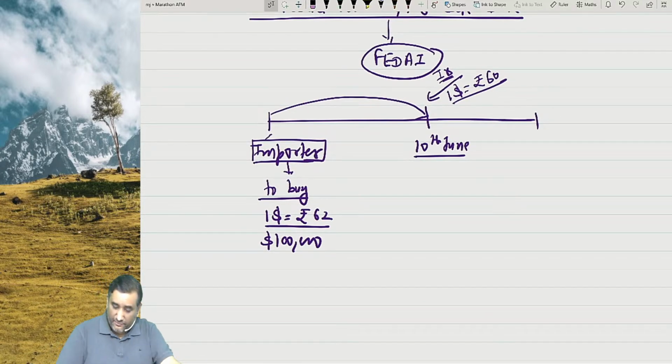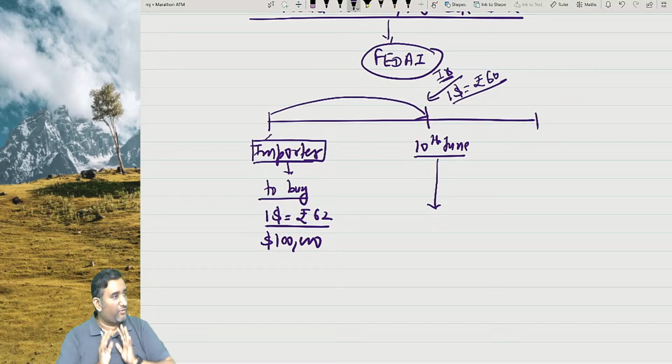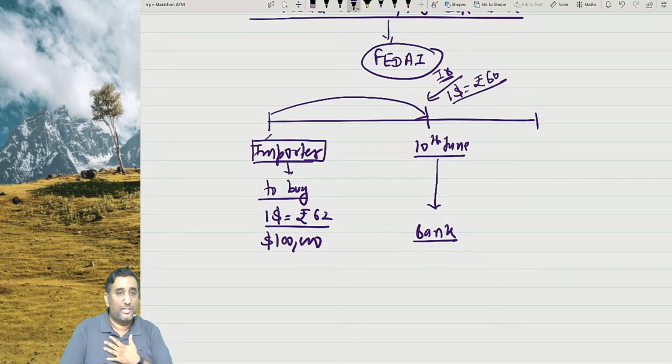Now what happens on 10th June is, you ordered a cake to receive from me. I ordered somewhere, I got the delivery. That means I have to buy. I bought the dollars. Now who is doing this? Bank is doing it on 10th June. What the bank will do is, the bank says the customer will be coming, I buy the dollars. This is bank language I'm writing. Buy dollar at agreed rate.